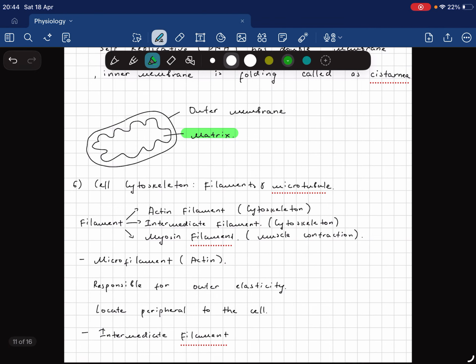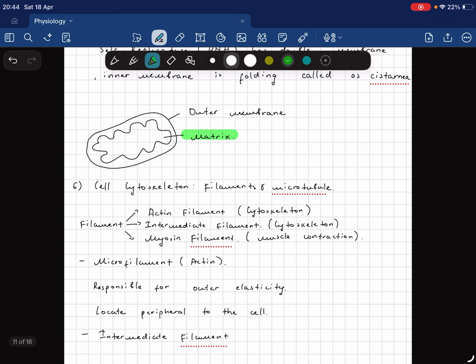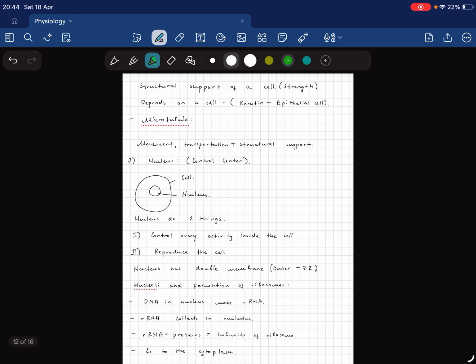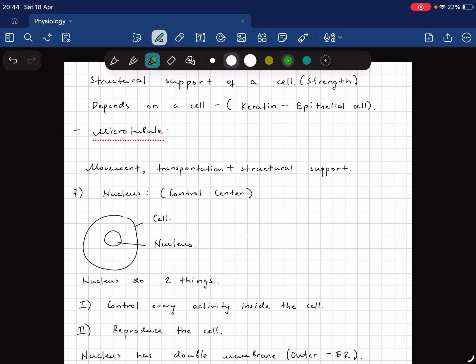Actin filament is also known as the microfilament, and it is responsible for the cell's outer elasticity, as it is generally located on the outside or peripheral side of the cell. Intermediate filament builds strength and structural support for the cell.